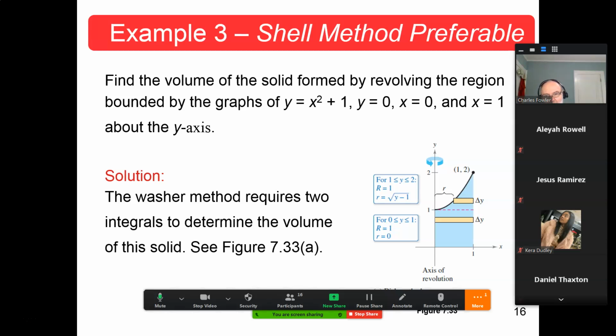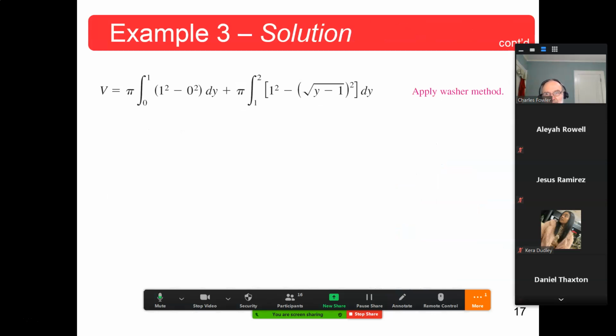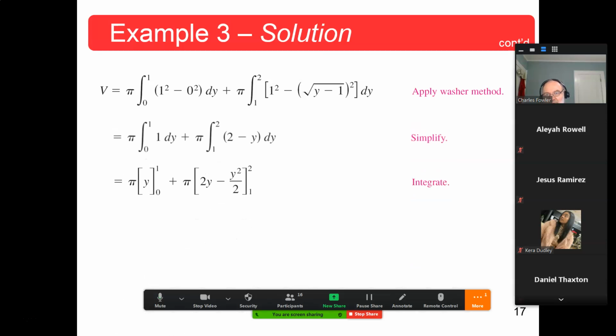You could do one without doing an integral. We've already done it, but it has a disc at the bottom and washers at the top. We've already done that. That was example 4 in the last section, 7.2.